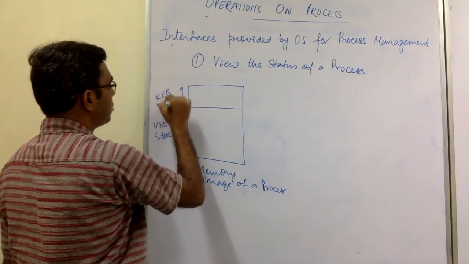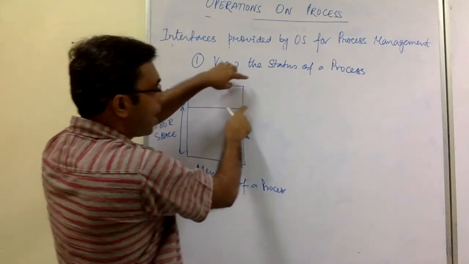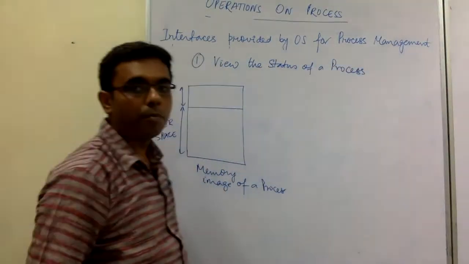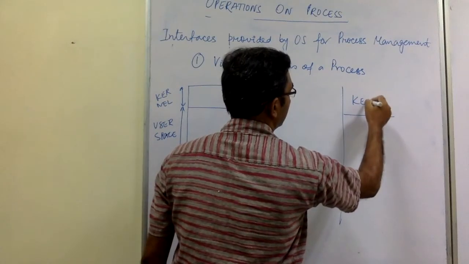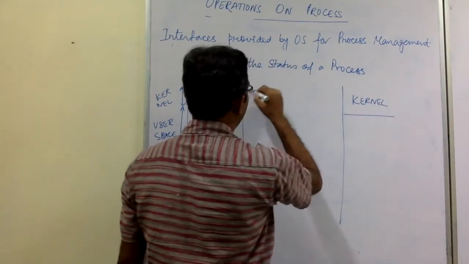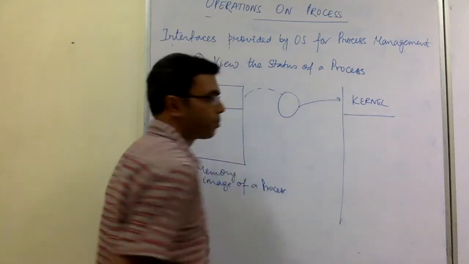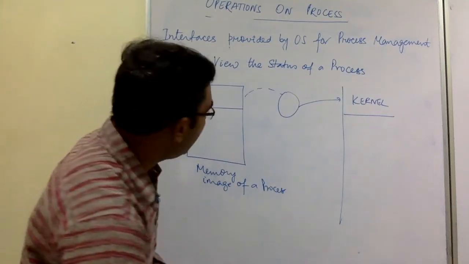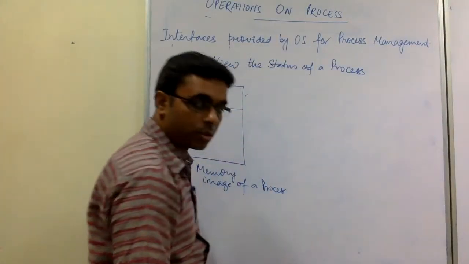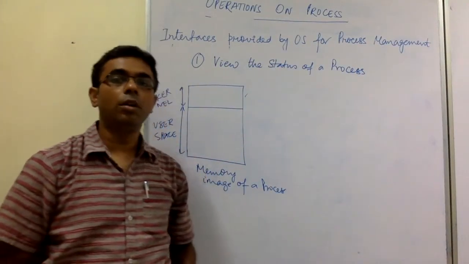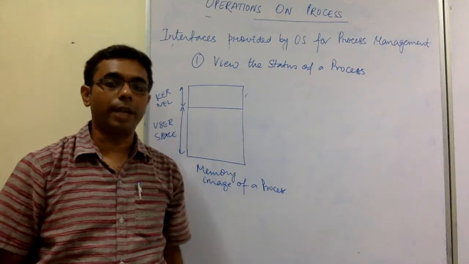The one that is in the kernel space is mapped to the kernel code in the physical memory. So this is the physical memory, this is the kernel. They are mapped to the OS in this portion, which automatically means that anything which falls in this kernel space, the process cannot execute. It has to request the kernel to provide that.